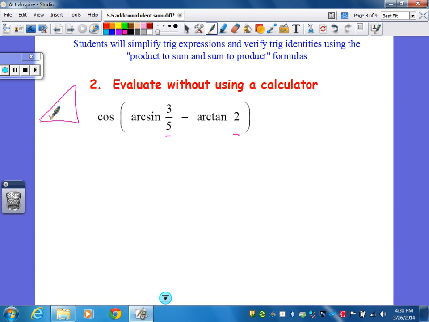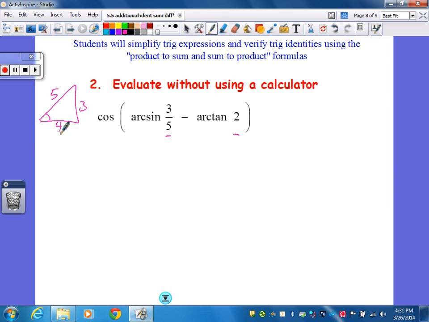Well, if this is our angle, and we know that sine is what? SOHCAHTOA. So opposite over hypotenuse. Oh, look at that. It's going to be one of those 3, 4, 5 triangles. If you don't believe me, check the Pythagorean theorem on that.